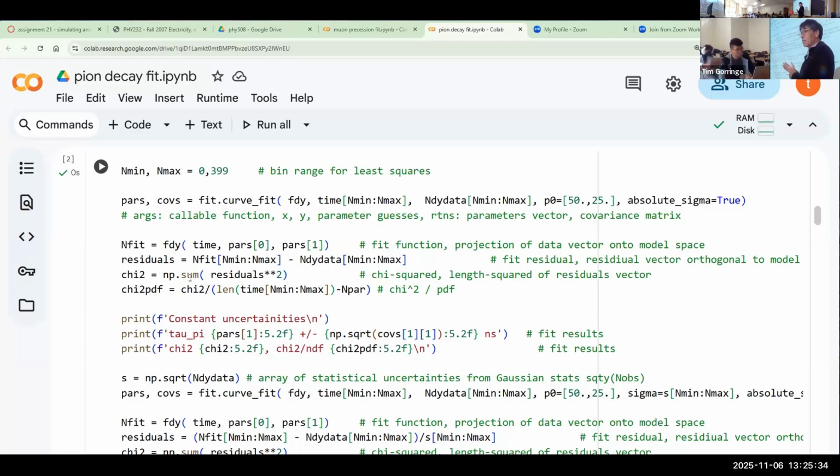Now, for counting statistics, that's going to be wrong, first of all, because we saw when we estimated the uncertainties that they had different sizes: early times had higher statistics decays, and later times had smaller statistics decays. So it's wrong to fit the data with equal weighting. And we might expect it would introduce what we generally call a bias.